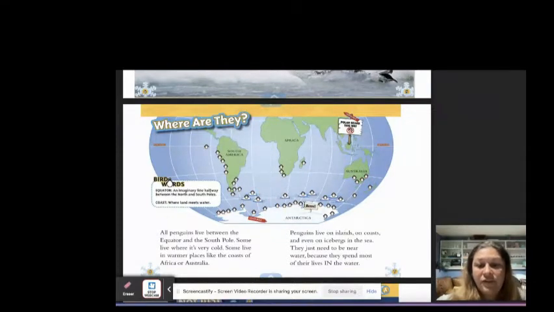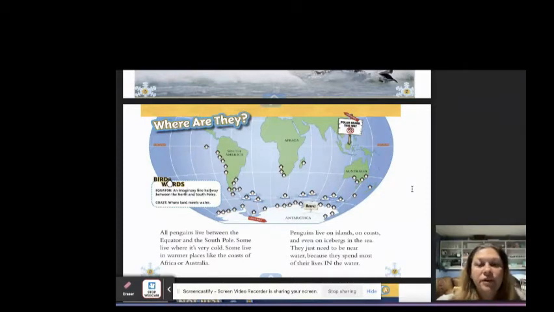Here you even have a little sign that says brr. So you can tell, and it looks like it's white as snow. So I'm thinking that it's cold down there. And then the information on the text on the page, the information that the author is giving you is all penguins live between the equator and the South Pole.